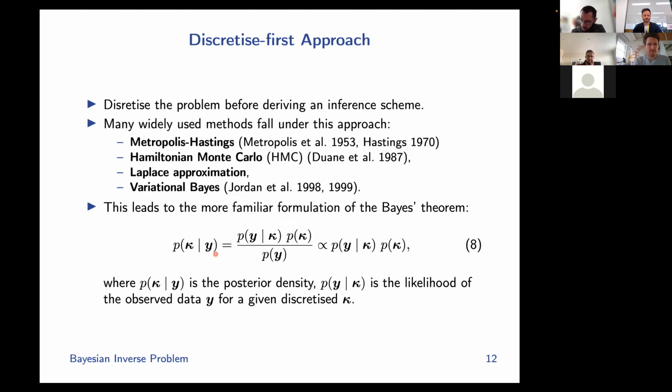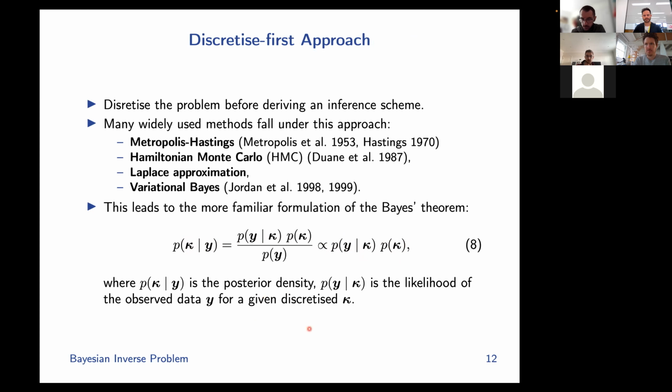So we have the posterior for κ given the data, which is proportional to the likelihood p(y | κ) times the prior on κ.